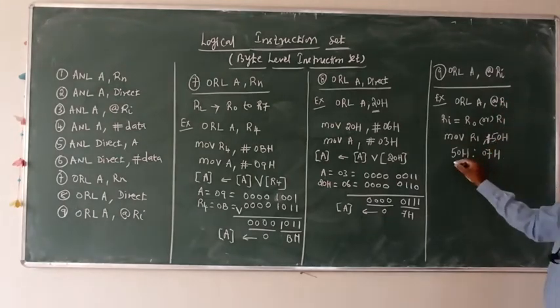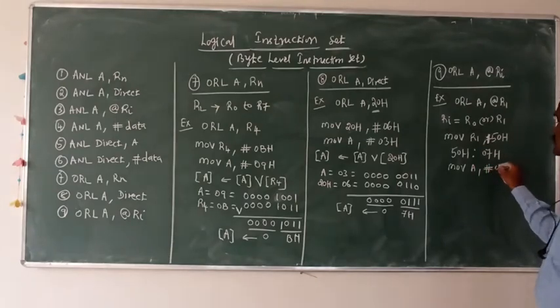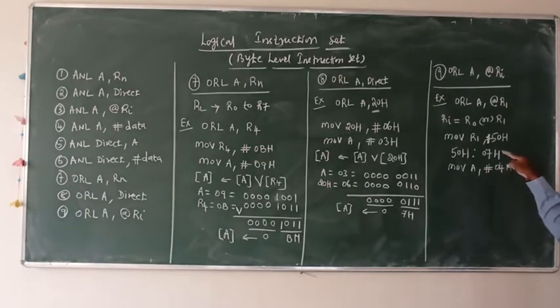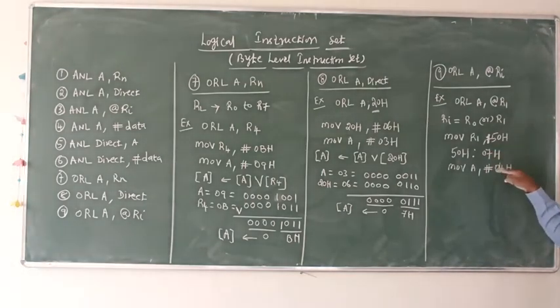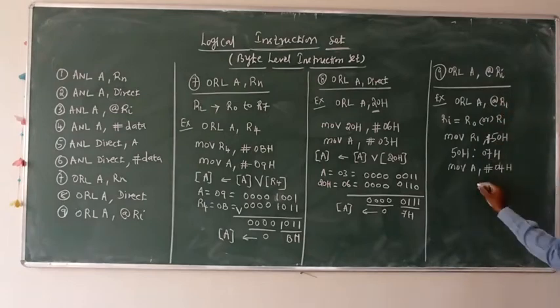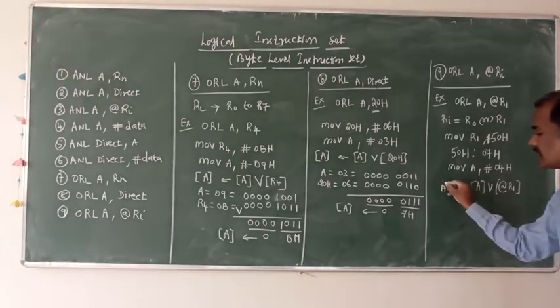Next, the second data in the accumulator: MOV A, #04H. So accumulator data is 04. Data will be available at the indirect memory address location, that data is 07. Now logically OR these two data. For that we use this type of instruction: ORL A, @R1. A is logically ORed with the @R1 register data and the result moves to the A register.